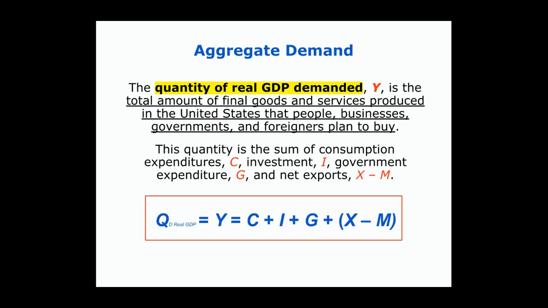And it's also equal to the amount that everybody spends on consumption and investment and government spending and net exports, that famous equation. So the quantity of real GDP demanded is equal to the amount of income and is equal to the amount of expenditures that happens in the economy.